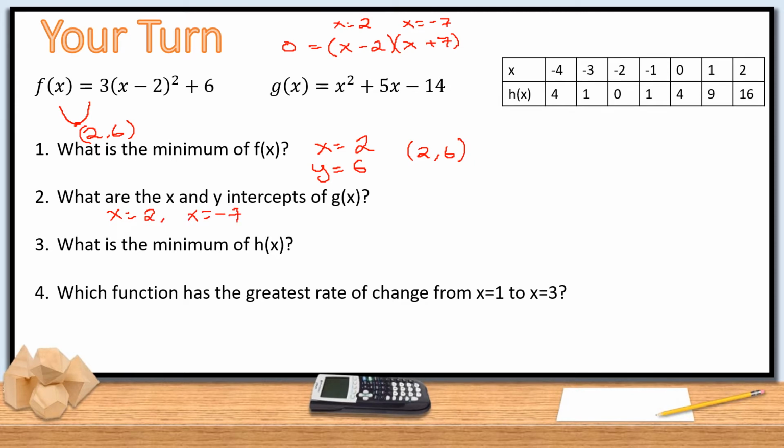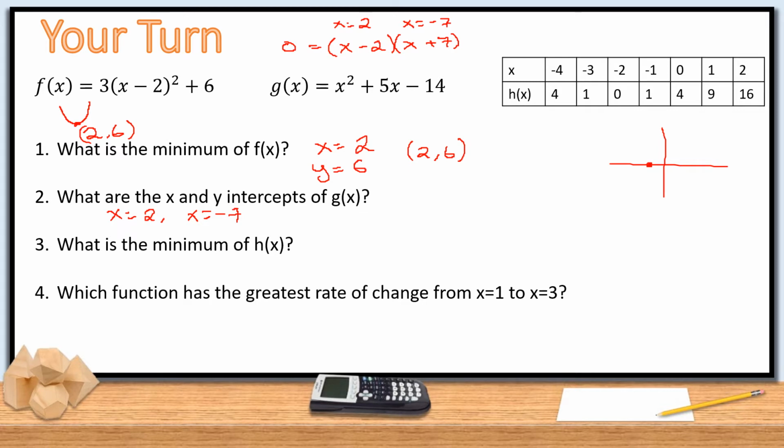What is the minimum of h of x? So looking at this, you can graph it, you can put it in Desmos, you can just kind of see what's going on. The lowest value on here for y is minus 2, 0. And then it is symmetrical on either side. So we can say, all right, based on that, this must be my vertex, my minimum.